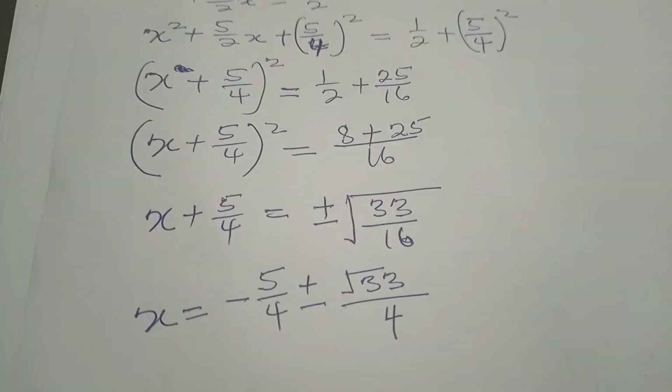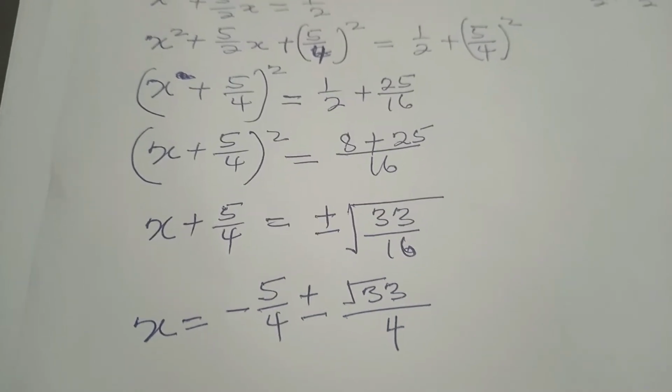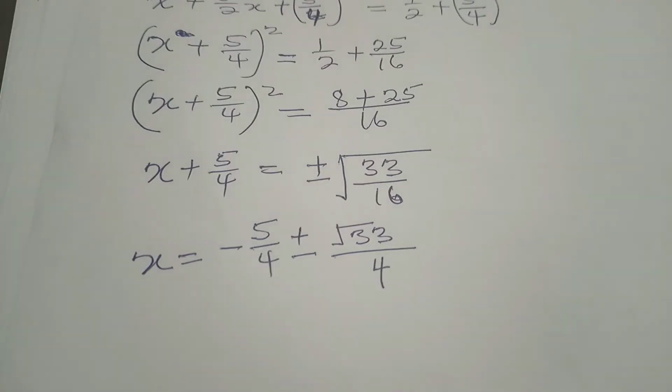So the square root of 16 will give us 4. That's the 4 we have here.